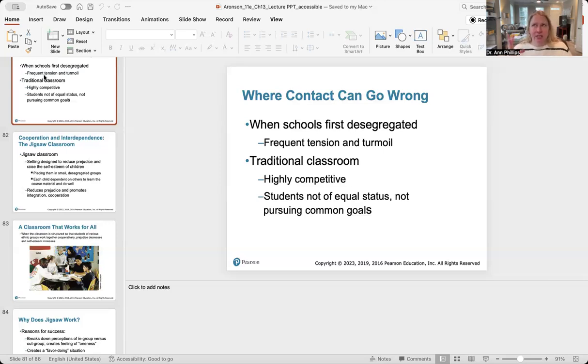So it took time in most places to get it right in terms of trying to desegregate the schools and integrate them into a system where people could stand to be around each other. And that's a horrible thing, but that's what it is.